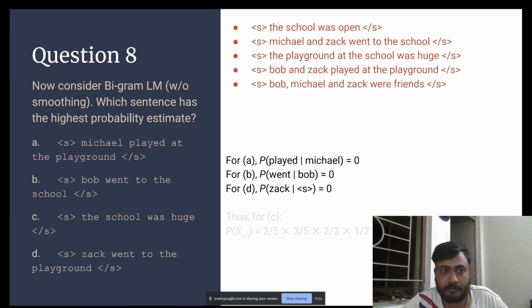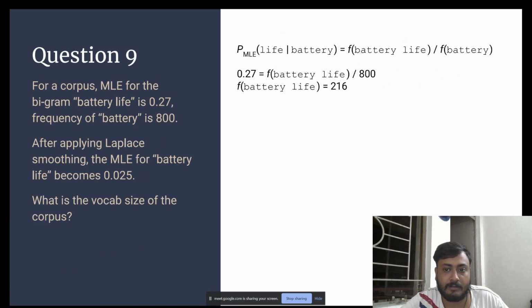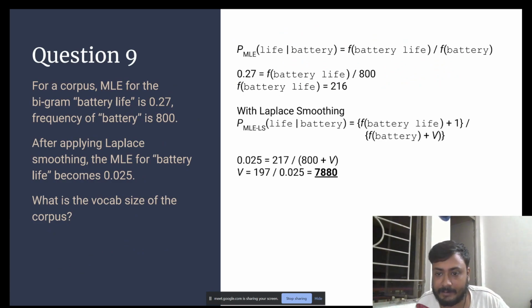This one? Yes, sir. Sir, why did we add plus 1? Okay, let me just repeat this once more. You have a given corpus, all right? And for that corpus, you have first been given this information.